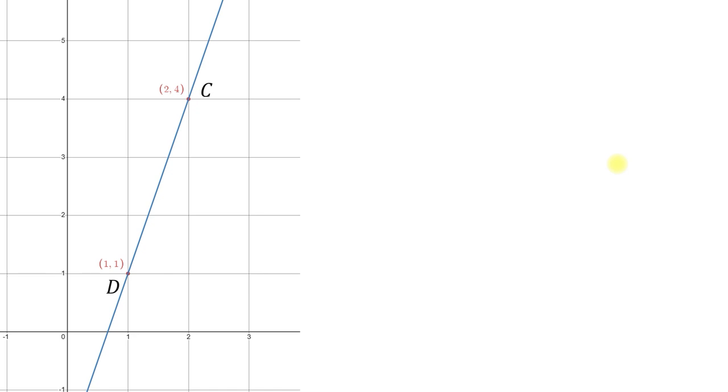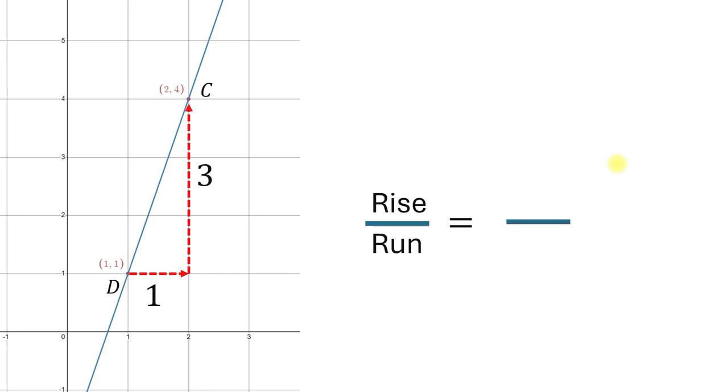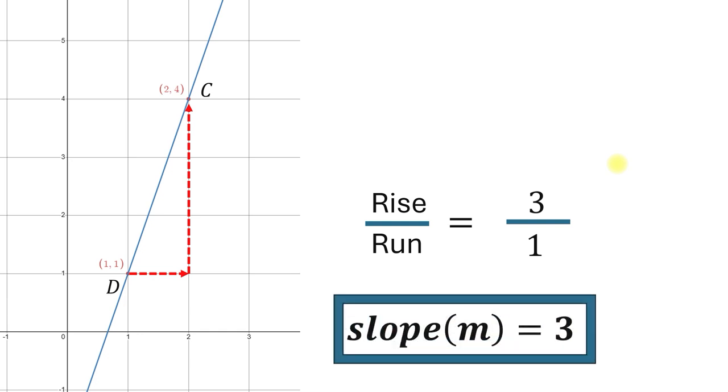Here we have a line DC, and we count our run of 1 unit, followed by a rise of 3 units. So our rise over run will be 3 over 1, which reduces to 3.